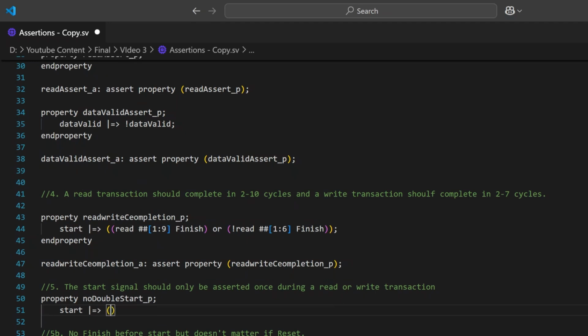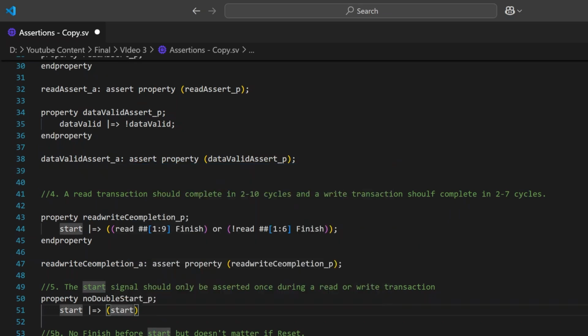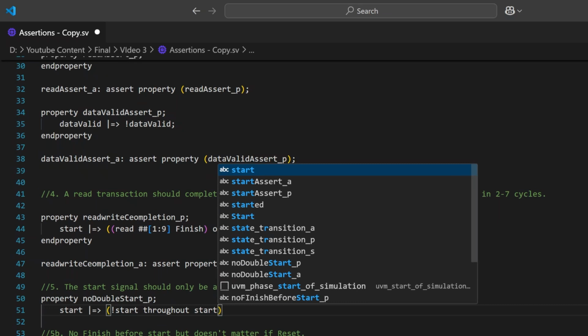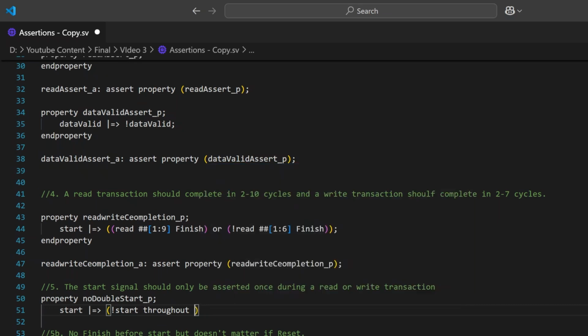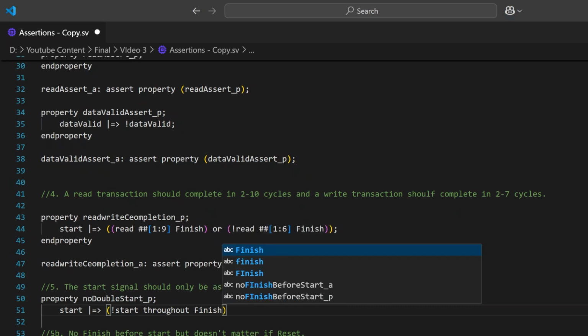And I will be using the non-overlapping implication operator. So in the very next cycle, the start should be deasserted, and I will be using throughout. So it will remain deasserted throughout when the transaction is not finished.